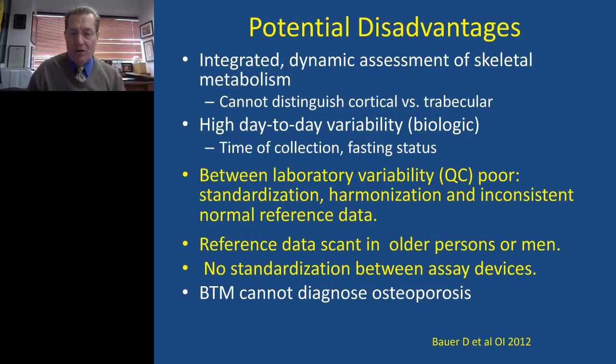Either one of those are valid diagnostic criteria. I think it's also important for me to point out that the T-score can be perfectly normal, and you can make the diagnosis of osteoporosis in people who have had certain types of low trauma fractures. And that's an important point to make.